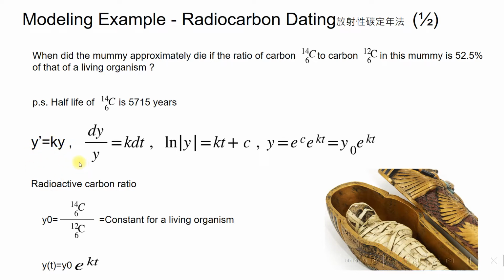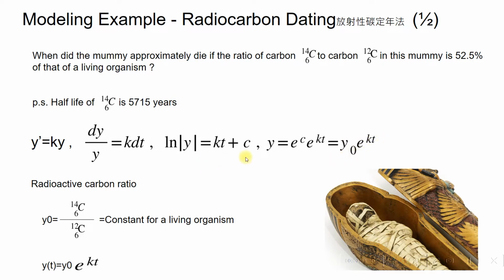And as per what we have learned from last episode, we know that the solution is y equals y0 times the exponential constant to the power of k times t. And this y0, this constant ratio, is considered as the initial value of this exponential decay function.